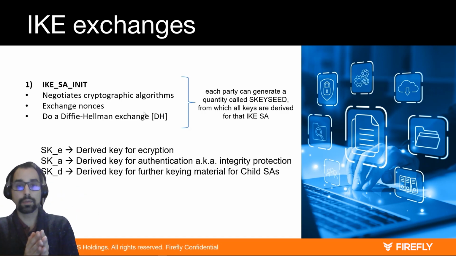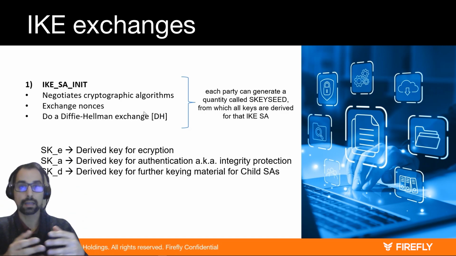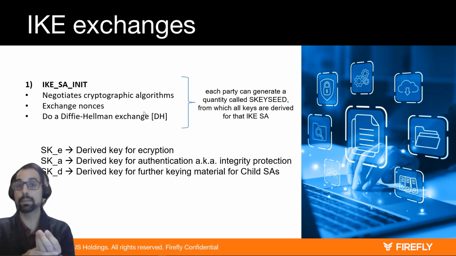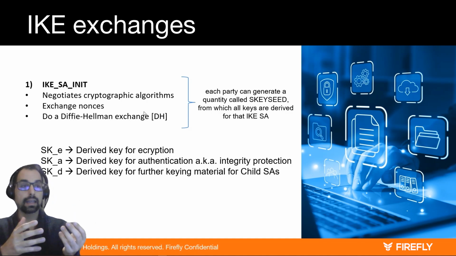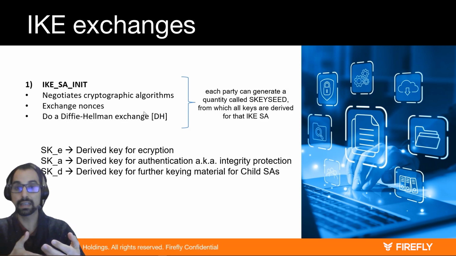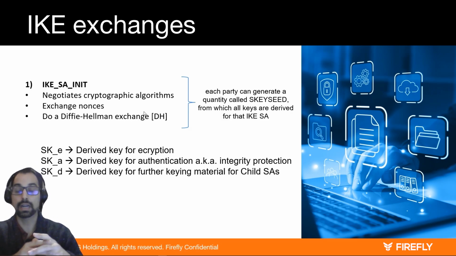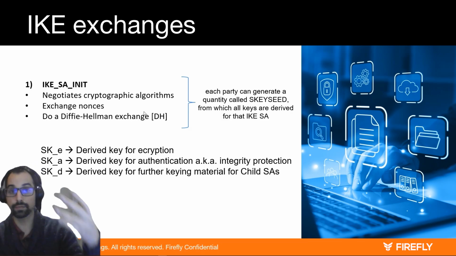With all of that information, we end up creating what is called the SKEYSEED, right? Like a primary key, and then we're going to derive different keys from that SKEYSEED. So you see, we're going to have one that is called SK_e. It's going to be used for encrypting the following messages.